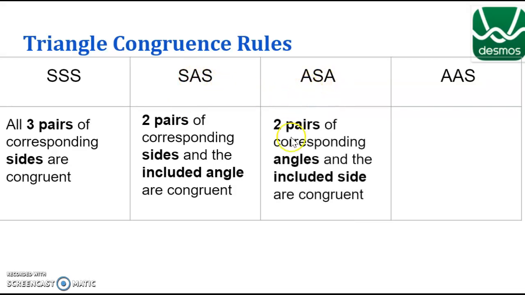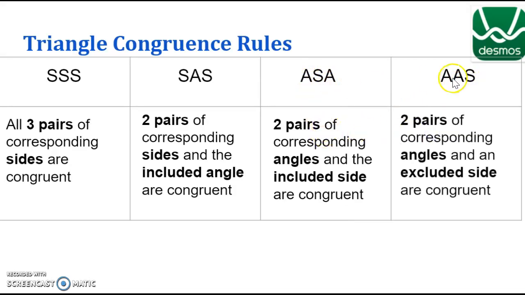ASA means 2 pairs of corresponding angles. That's why you have 2 of the A letters, and the included side are congruent. So the corresponding side pair that is congruent is squished between the 2 angle pairs that are congruent. What about angle angle side?